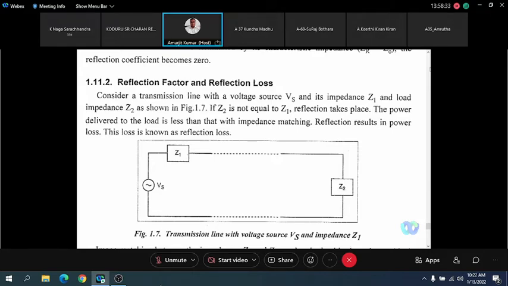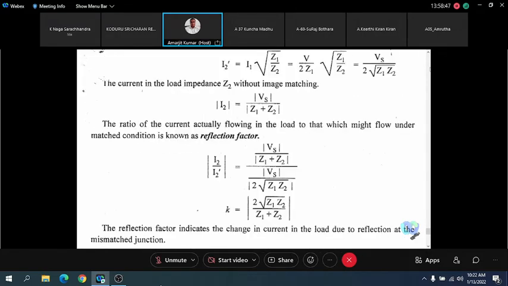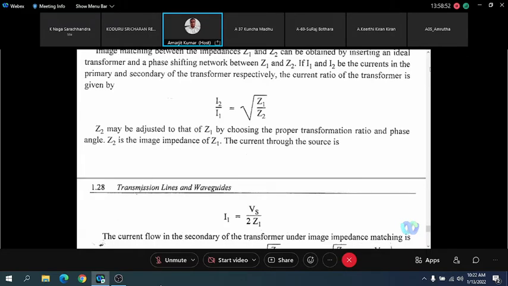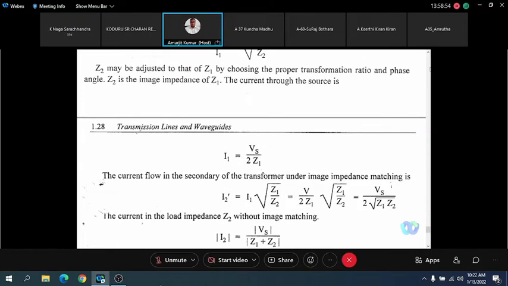Under the unmatched condition, the current I2 is Vs upon Z1 plus Z2. And under the matched condition, because I2 upon I1 is equal to root Z1 upon Z2, if it is matched, what will be the current?